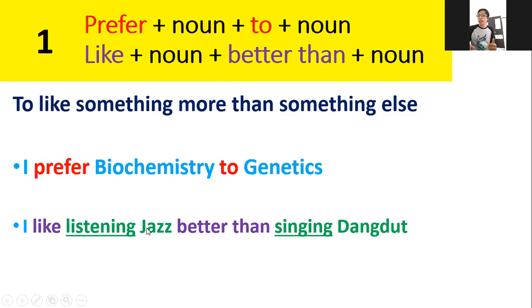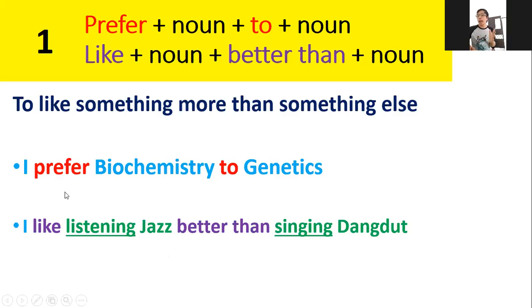Listening to jazz is a kind of noun, a gerund. I bet you have learned about gerunds during your senior high school. So I like listening to jazz, as a noun, and then better than singing dangdut. Listening to jazz and singing dangdut, that's your common preferences, like biochemistry and genetics.